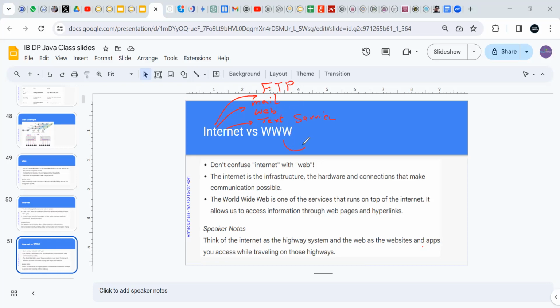But the WWW is actually concerned with web pages. Web pages are actually websites that have a URL. A URL is like youtube.com. So websites are places, files, possibly built using HTML and other programming languages, hosted on web servers.